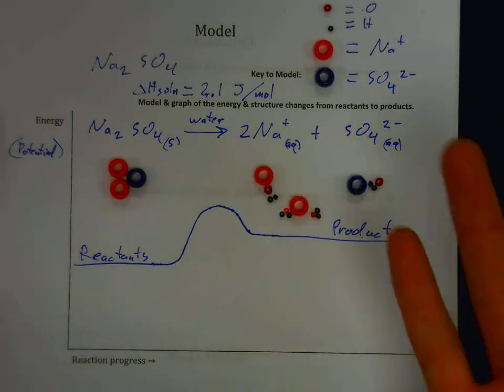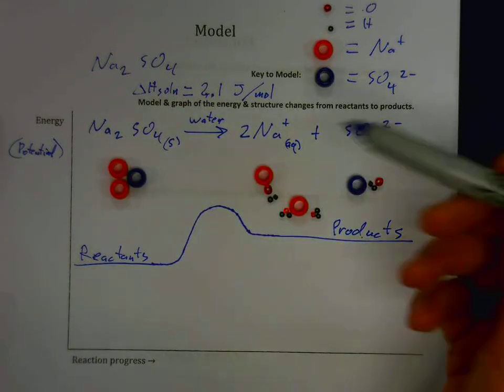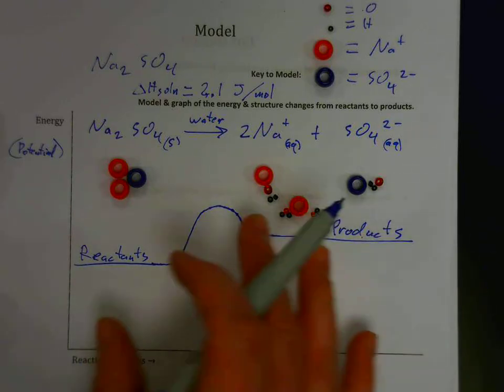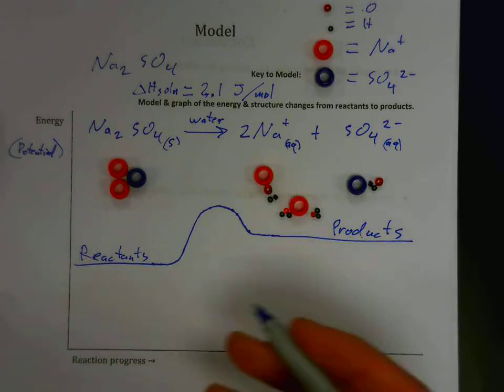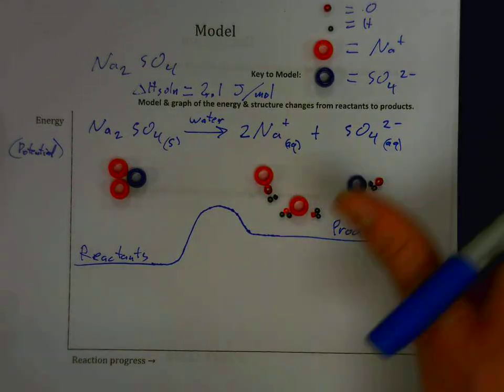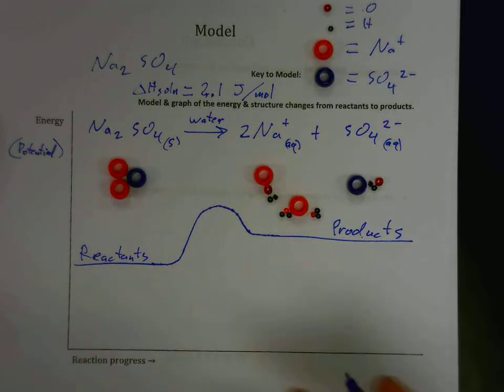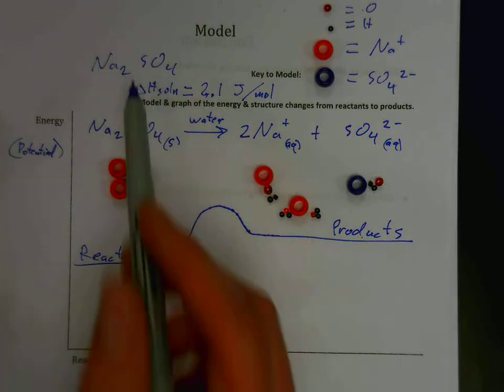Now you can think about what would happen if this was an exothermic reaction as well. So if we had a negative sign here, which one would have higher energy, the reactants or products? So this is the layout of the model, or the basic idea. Keep in mind that it's going to be different based on which salt you're using.